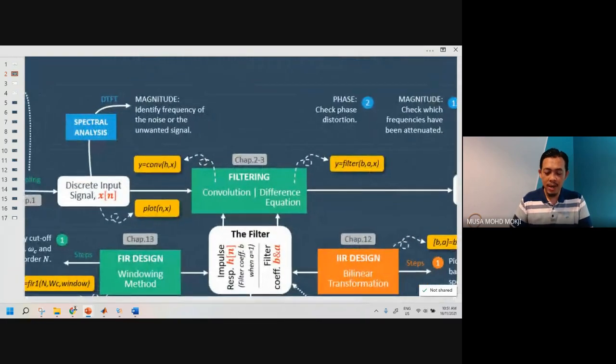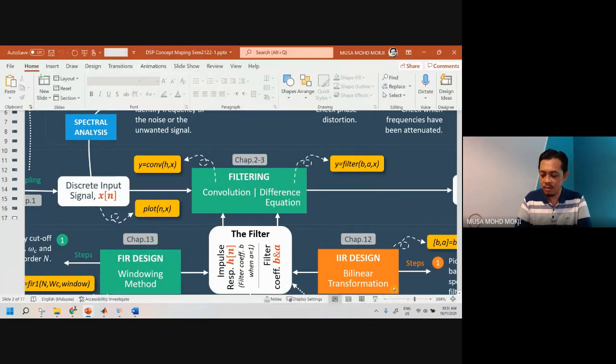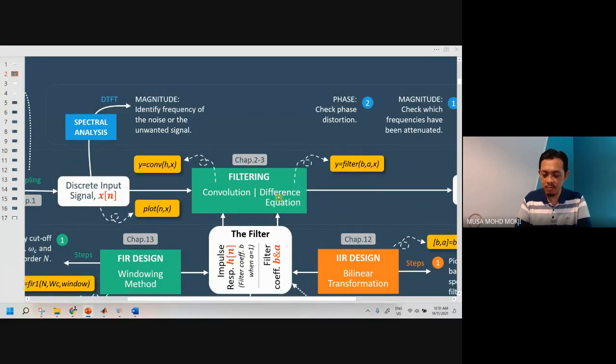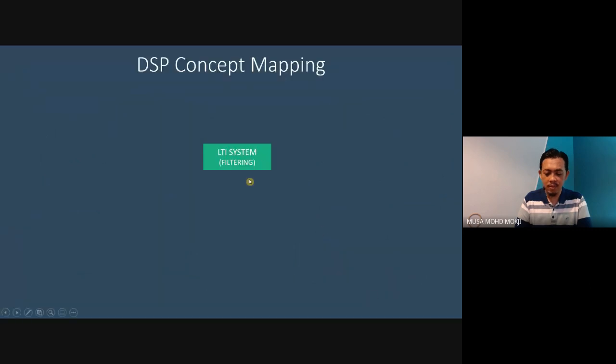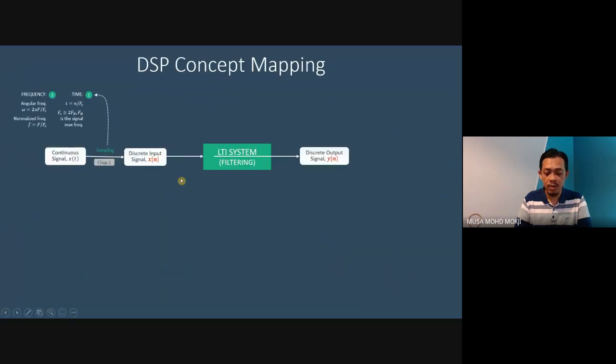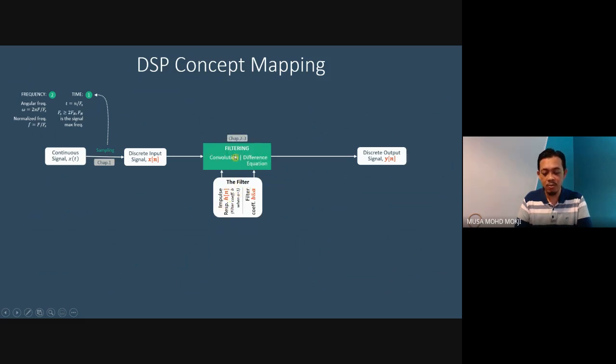If you look back at this diagram, we have a system here. That system has an input, an output, and the filter itself, which is the impulse response. To get the output, we are actually doing convolution, right?